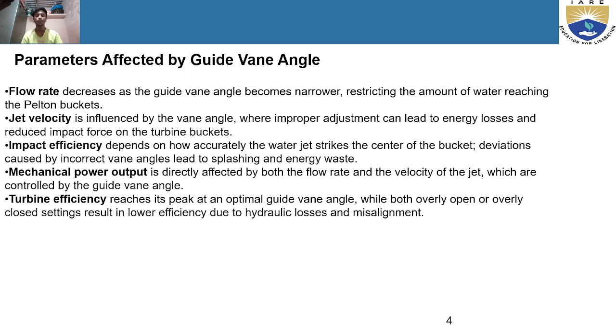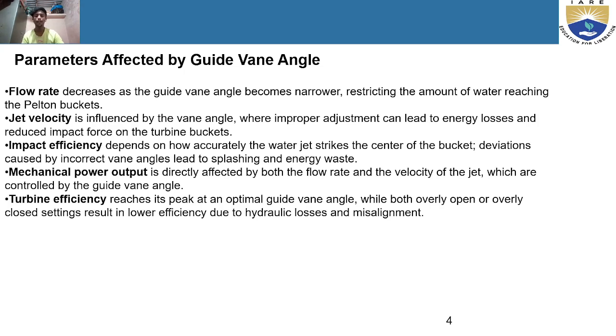Next is jet velocity. Jet velocity is influenced by the vane angle, where improper adjustment can lead to energy losses and reduce impact force on the turbine bucket. So if there is misalignment or improper adjustment in the vane, a lot of energy is lost.